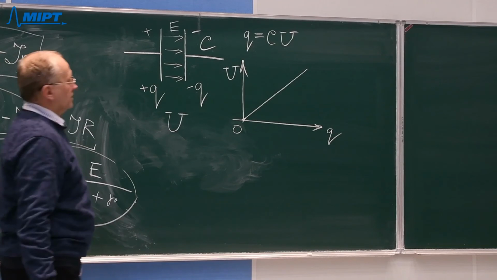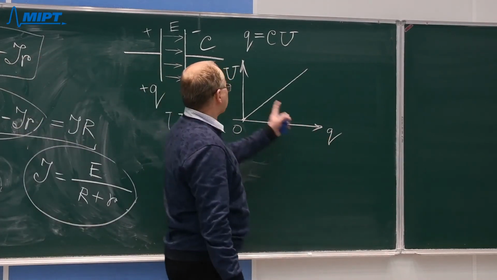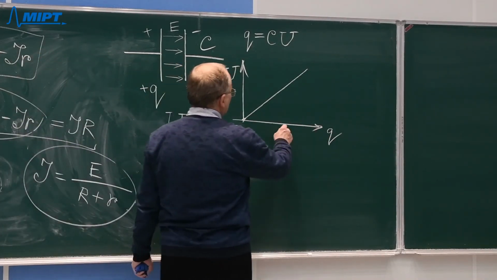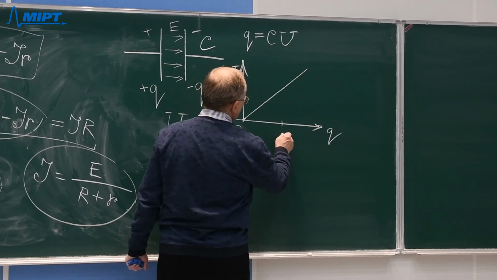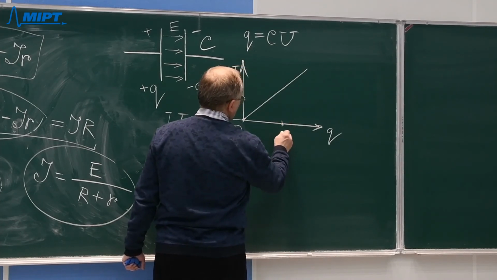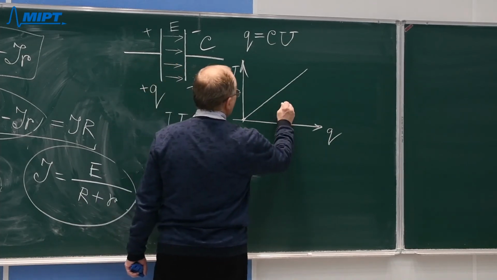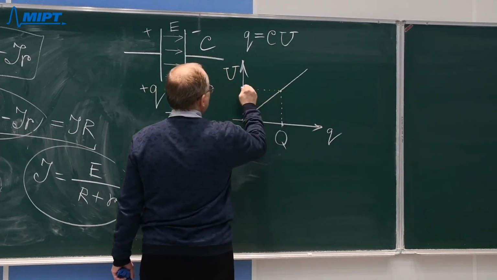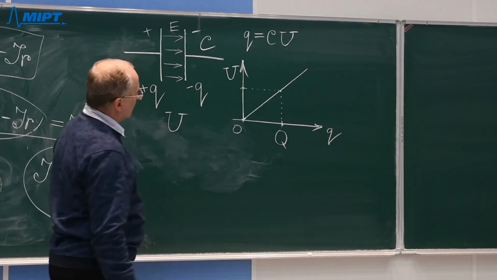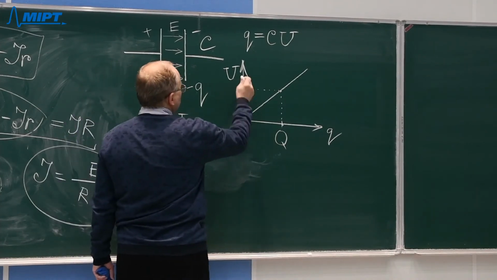If we have some charge Q, there will be some potential difference which corresponds to this charge, which is U.